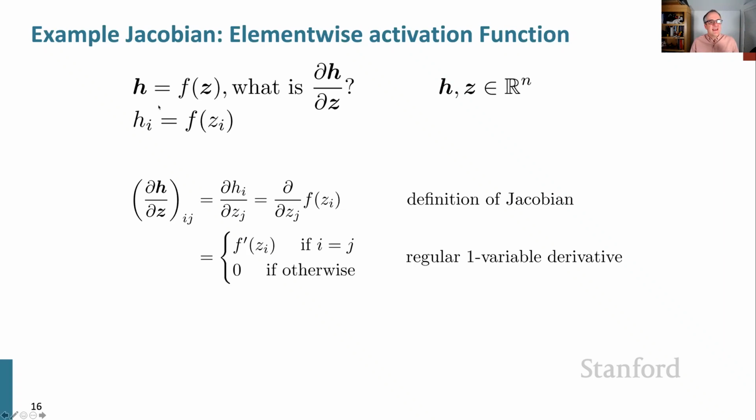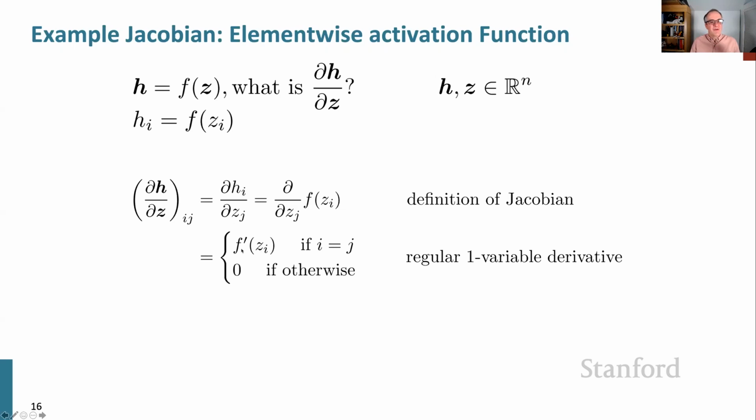Because we're actually just computing element-wise a transformation, such as a logistic transform of each element z_i, like the second equation here. If i equals j, we've got something to compute, whereas if i doesn't equal j, the input has no influence on the output, and so the derivative is 0. So if i doesn't equal j, we're going to get a 0.